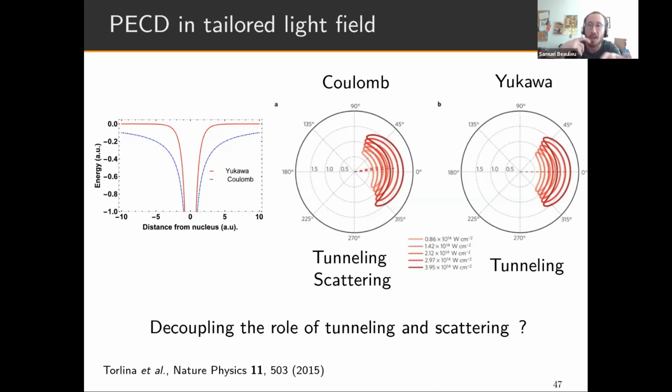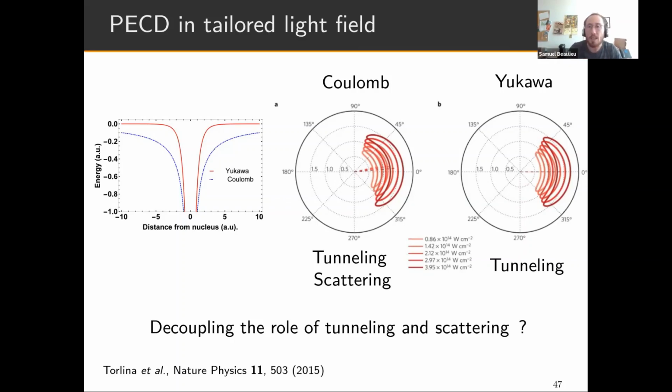two potentials. Indeed, while the Coulomb potential captures the effect of both tunneling and scattering on the long-range tail of the potential, the Yukawa is only sensitive to tunneling because you screen this potential before the tunnel exit of the electron.